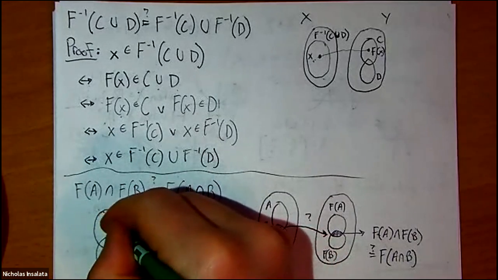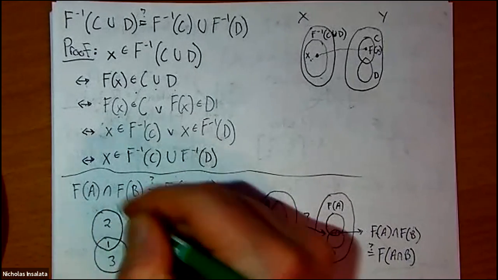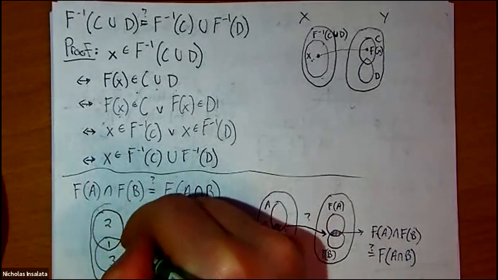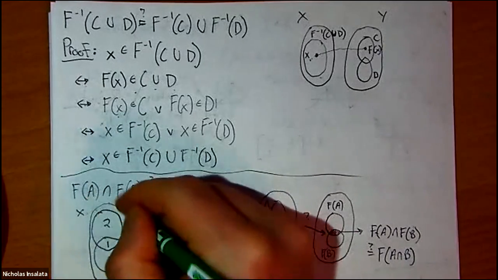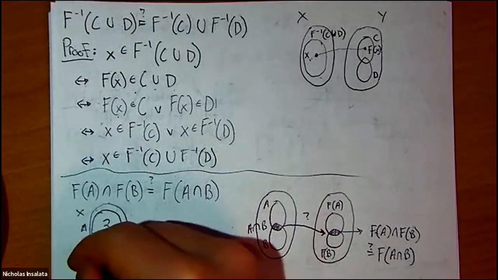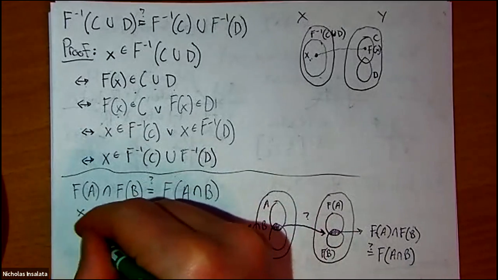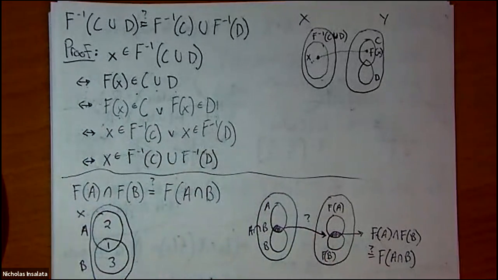So A has a 2, B has a 3, and they share a 1. And that's X with A and B. And then you want 2 maps to 2, 1 maps to 3, and 3 maps to 3. So you only have a 2 and a 3 in the codomain, is that right?